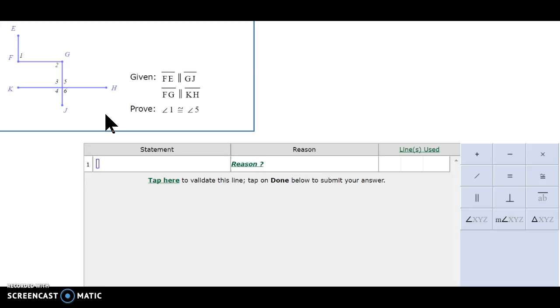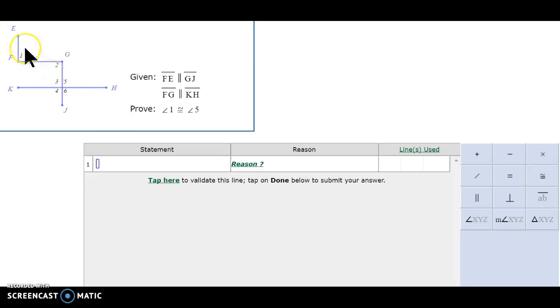In this question, it's a little bit more complicated, but if you know the properties, alternate interior angles, alternate exterior angles, corresponding angles, all of them would be congruent to each other if the two lines are parallel, then it's going to make the process a lot simpler. So please make sure you remember the properties now, okay? All right, so let's get started.